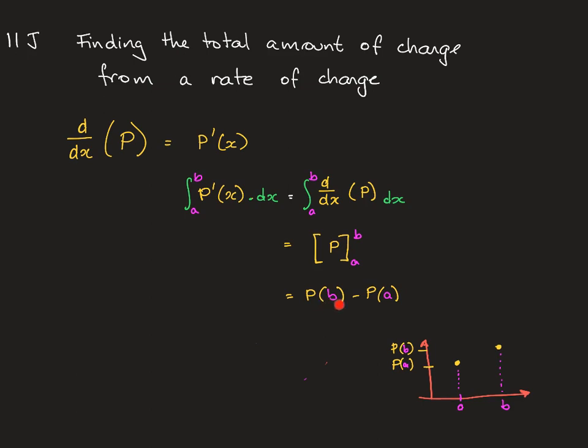So let me say that again. What you're actually getting, this p of b, is the y value of the original function, p of b. And this p of a is the y value of the original function when x is equal to a. So what you're actually finding when you find the definite integral for a derivative is the difference between them, p of b minus p of a.